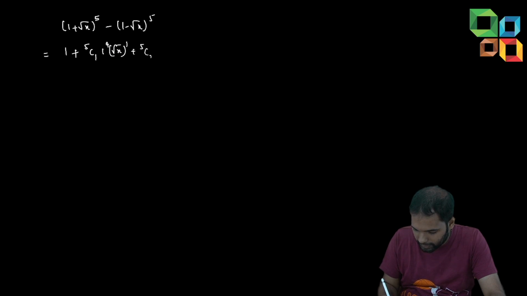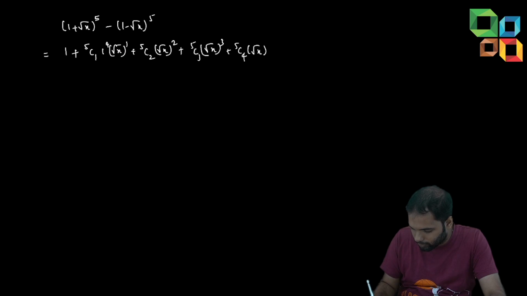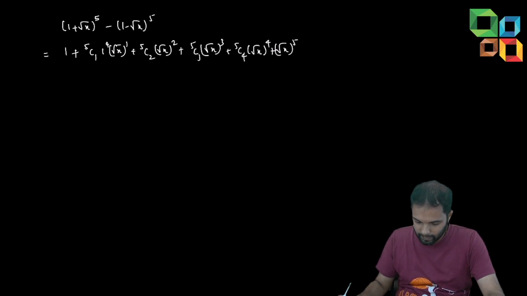Next is 5c2. Into 1 power, I'll skip now, so we have an idea what is happening. That's 5c3 root x whole cube. That's 5c4 root x whole power 4. 5c5, which is nothing but 1 into root x whole power 5.